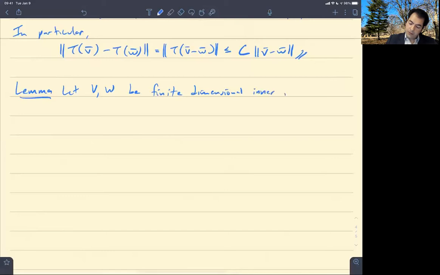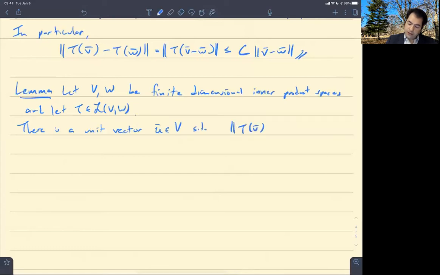Inner product spaces. And let T be a linear map between them. There is a unit vector, call it U, inside V, such that the norm of T of V is bounded above by the norm of T of U whenever the vector V has size of V equal to 1.